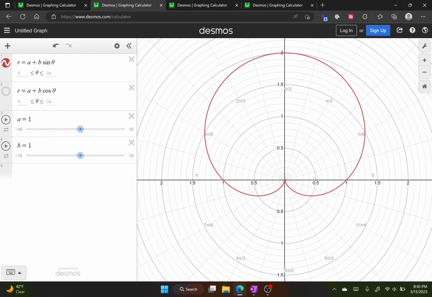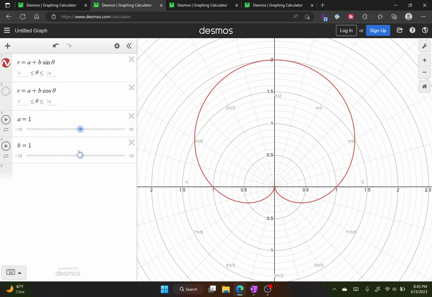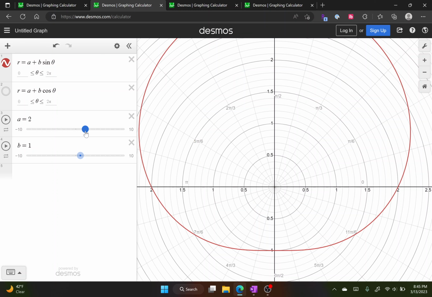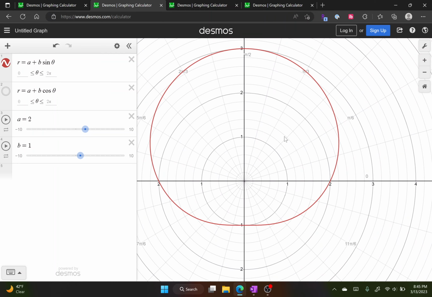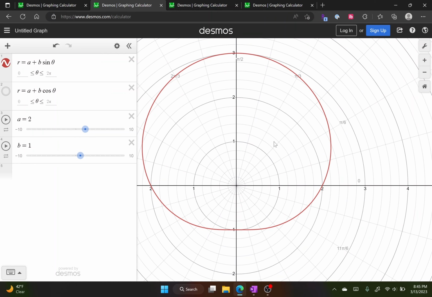We'll do the sine here. So let's change it so that A is equal to 2 and B is equal to 1. So A is greater than B. In absolute value, the sign of B is the one that counts. Let's find where our maximum and minimum radius points are.